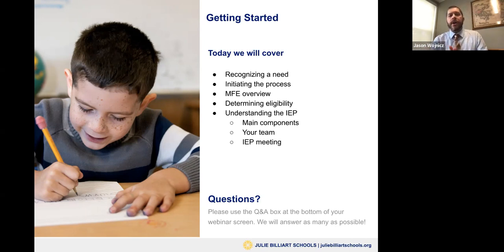But as we start off today's presentation, we're going to start at the very beginning of the process, understanding where we start. If we have a concern, recognizing that need, where that first initial starting point is. Then we'll take a look at that first step into fulfilling those needs within our child's school and education programming and plans. We'll take a look at the MFE, or the multi-factor evaluation, all the components behind that and what's entailed.